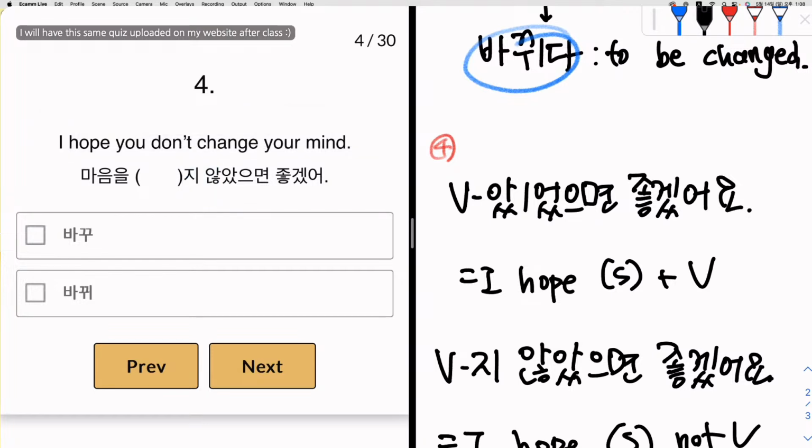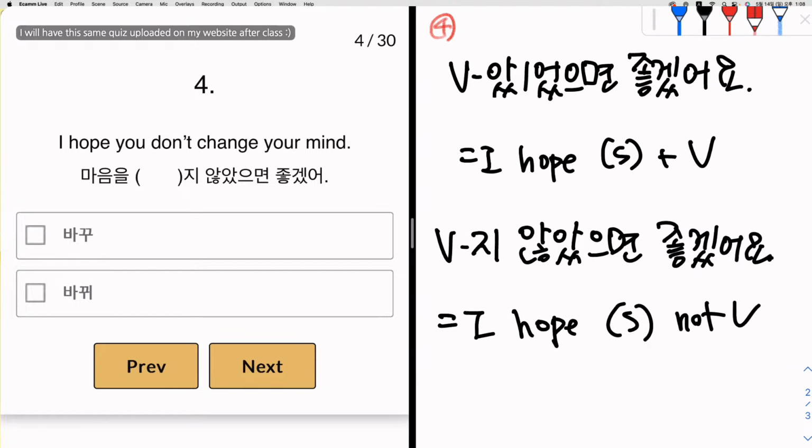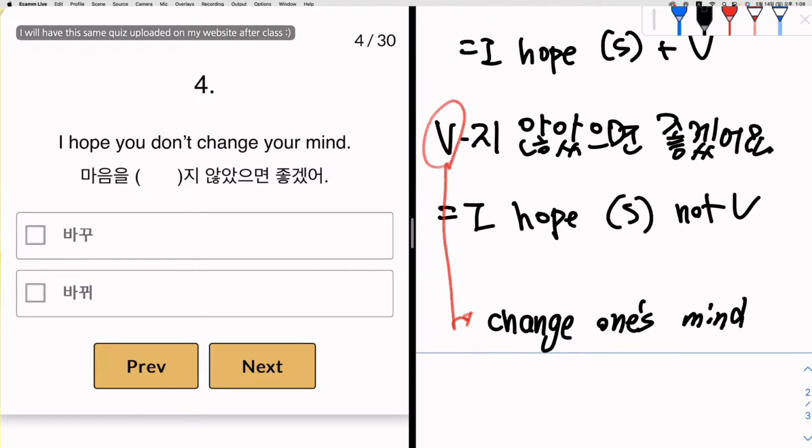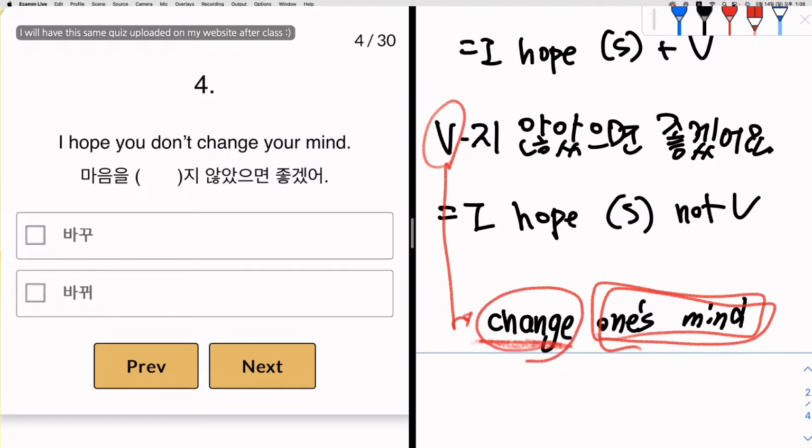So it's trying to say, I hope that you don't change your mind. So this verb should be the one that corresponds to change mind, right? Change one's mind. And as you can see from its English translation as well, change has an object, right? So this change is a transitive verb.